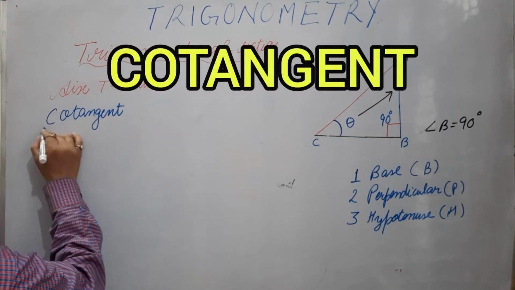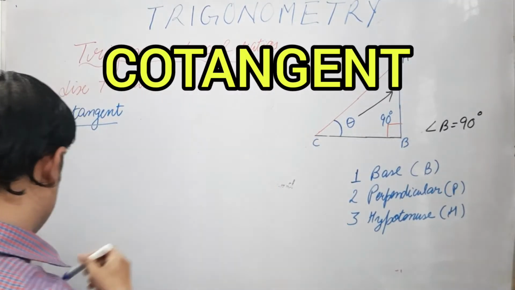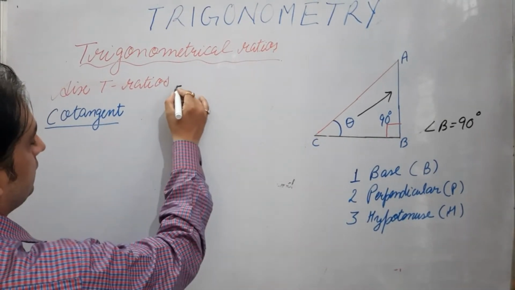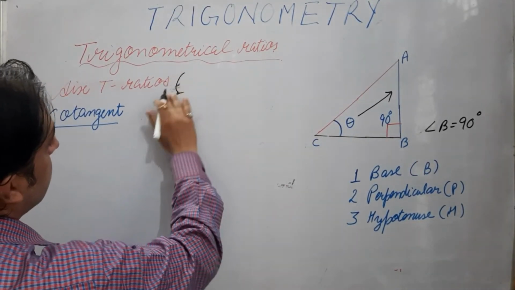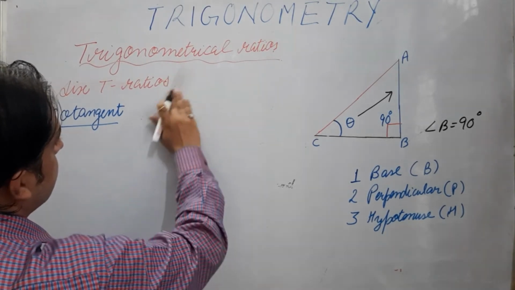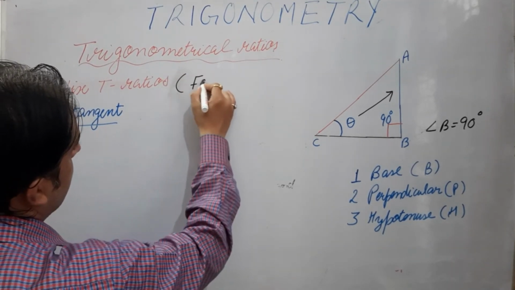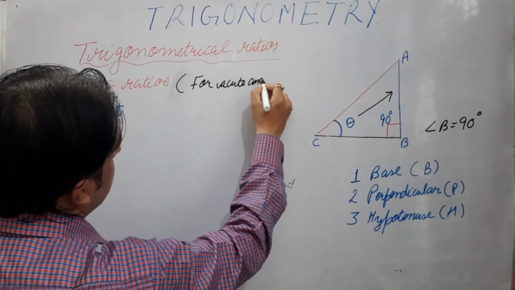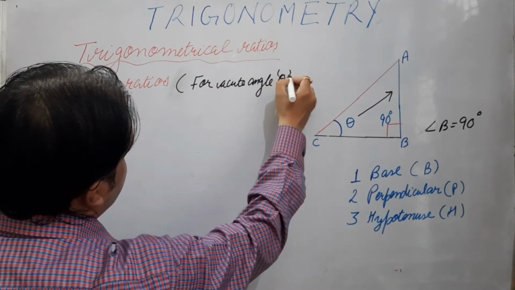So the T ratio, again, we are taking this T ratio for the acute angle theta.